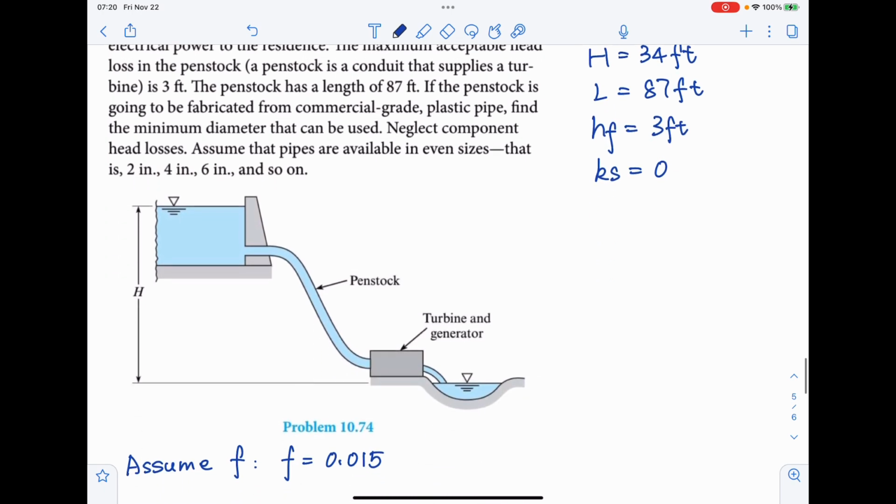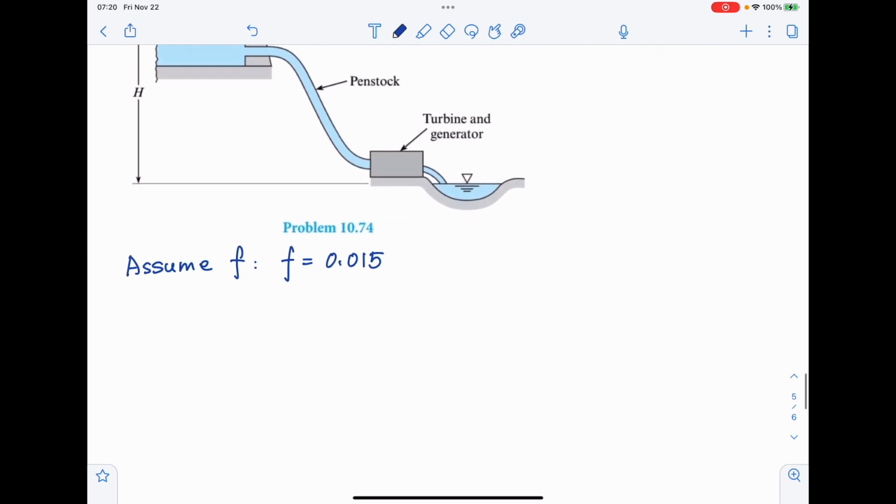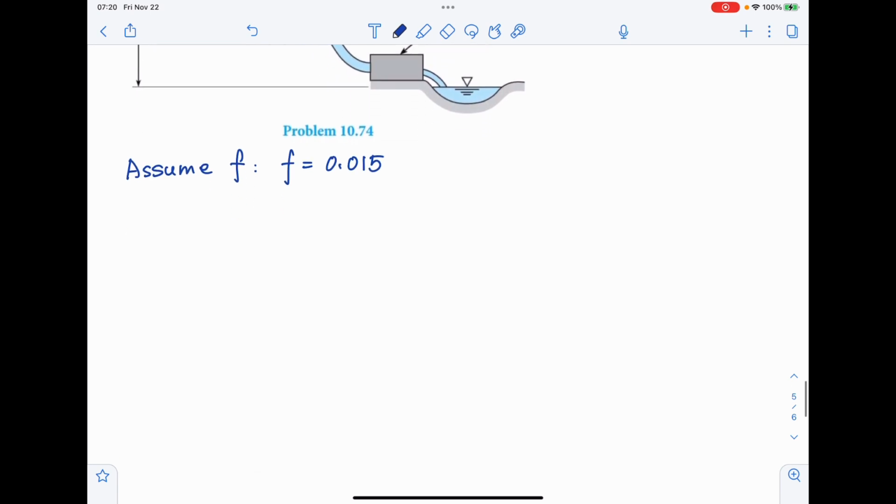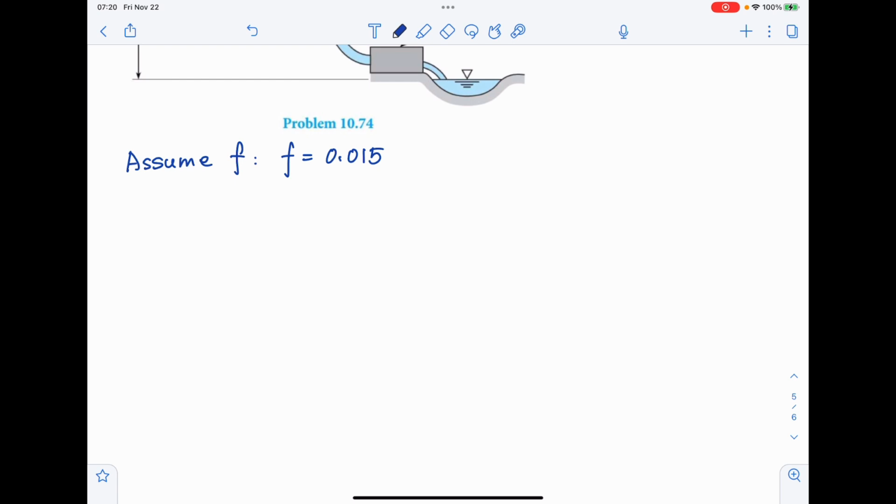So for this problem, I'm gonna first assume a friction factor. For example, we're gonna say f equals 0.015. Okay, then we're gonna use this to calculate the diameter. So D should equal 8 times f L Q squared over head loss times pi squared times g, all to the power of 1/5. Okay.